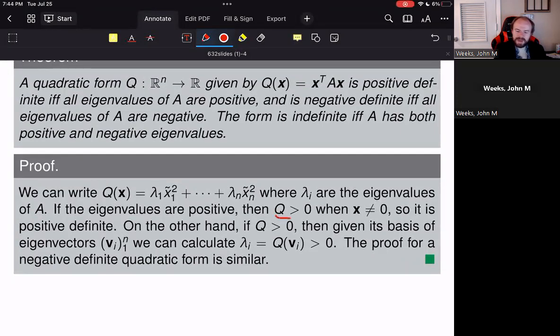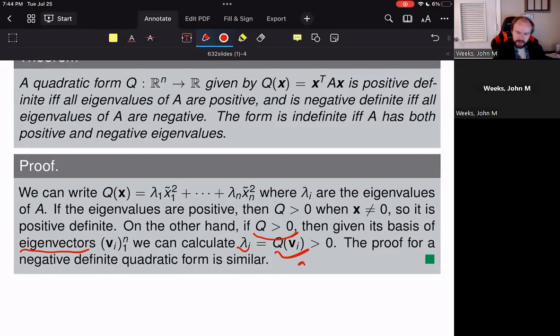So the idea is we have to be able to go back and forth. I've shown that if eigenvalues are positive, then q is greater than 0. On the other hand, if q is greater than 0, then if we take its basis of eigenvectors vi and calculate the eigenvalues for it, which we can since this is a symmetric matrix, then each lambda sub i is really just q of v sub i, because v sub i is an eigenvector.